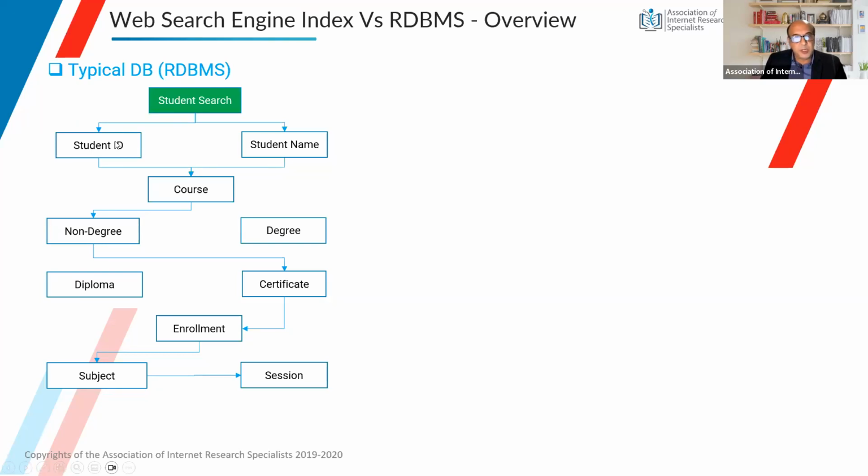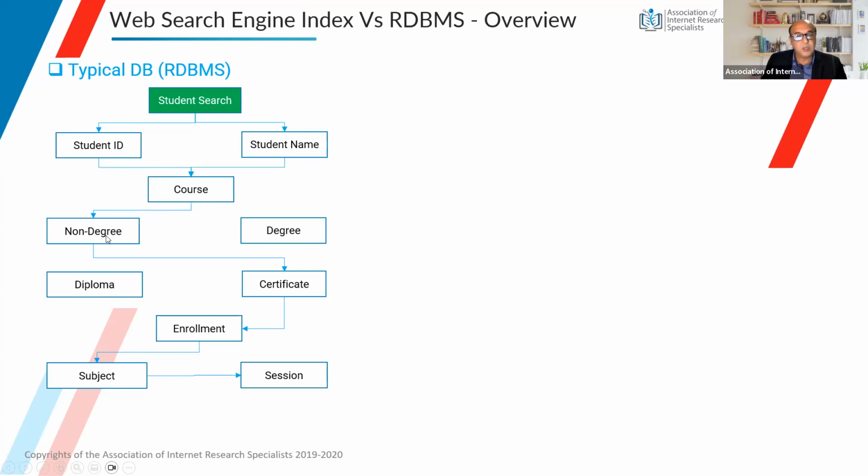In a typical database, you can actually connect some of the variables, which in this case could be student ID or student name, by navigating through the subclasses of the main data, and it would start to create a thread, or become relational to each other as you progressively search for more details. So for student ID, you can actually click on it and select a course.